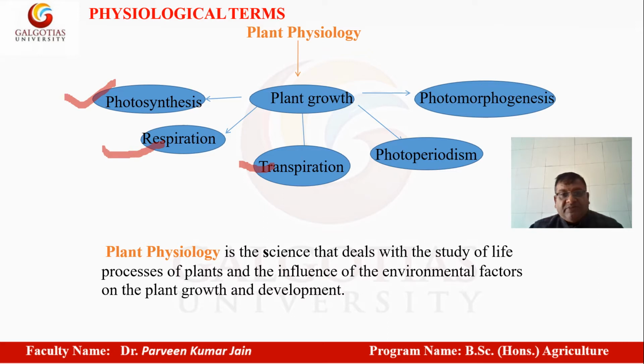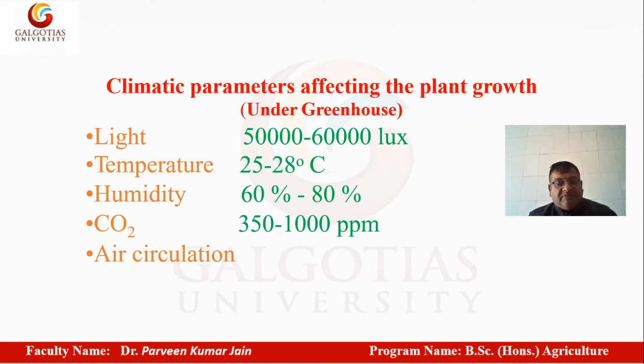There may be long day and short day plants, and like this. Then photomorphogenesis, then plant growth angles. All these are covered under the science branch called plant physiology, but here we are taking them especially from the protected cultivation point of view.